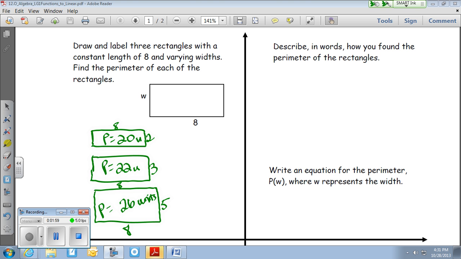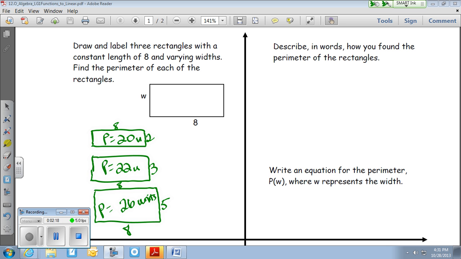Let's move over to the upper right. It says describe in words how you found the perimeter of the rectangles. Now you can say something like, maybe you added up all the sides, or you did twice the length plus twice the width, or you added the length and the width and multiplied by 2.